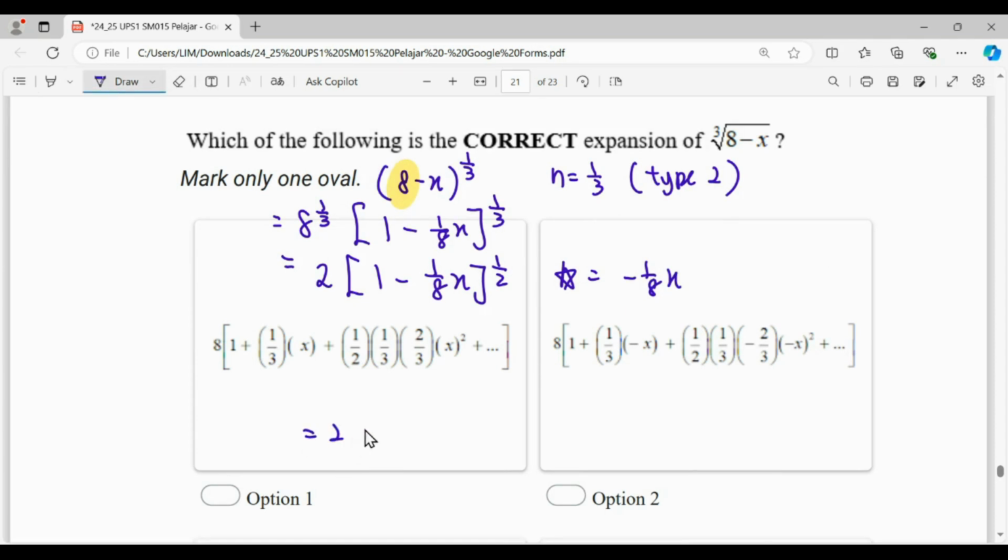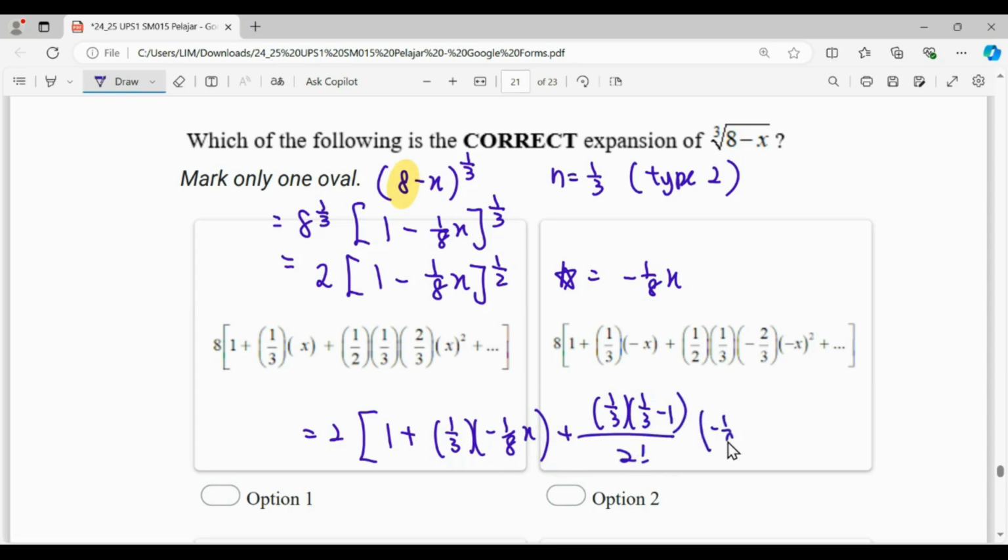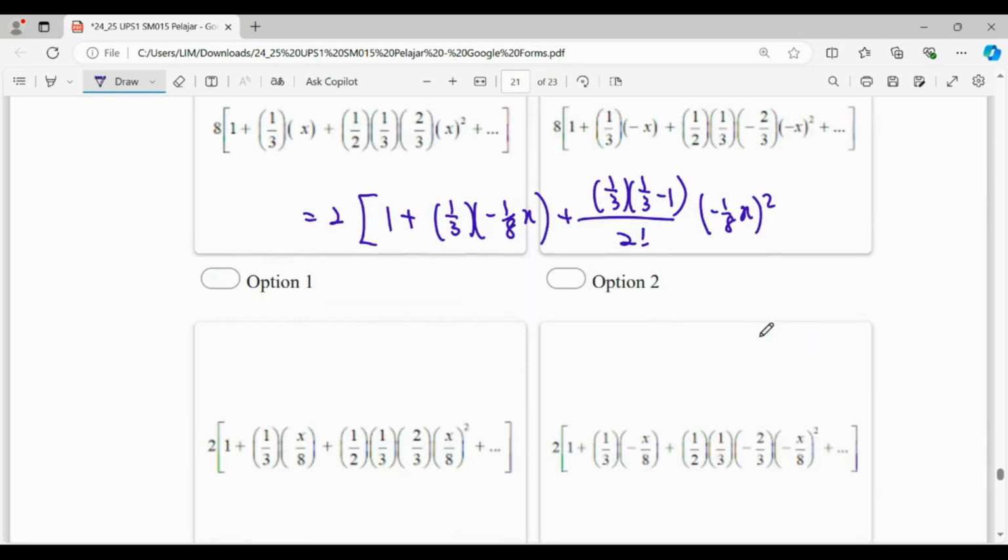So start our formula: 1 plus n star, then plus n times n minus 1 over 2 factorial, star squared. So we try to see which one is the correct last. n(n minus 1)(n minus 2) over 3 factorial, star to the power of 3. So 1 is the same. So this is wrong.